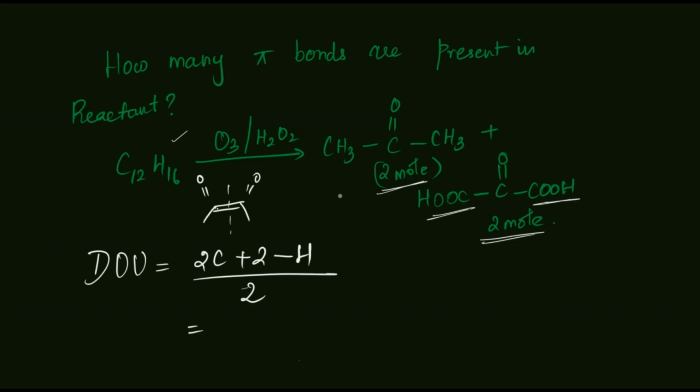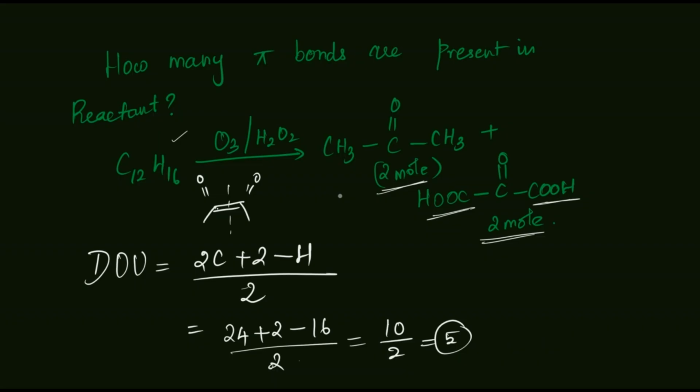So 2C is 12 into 2, 24 plus 2, 26 minus 16, divided by 2, 10 divided by 2, 5. So a total of either 5 pi bonds, or a ring can also be included.